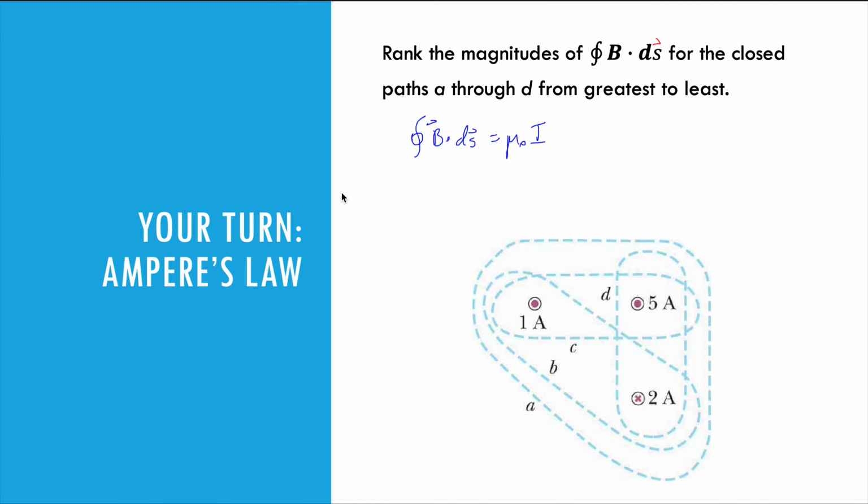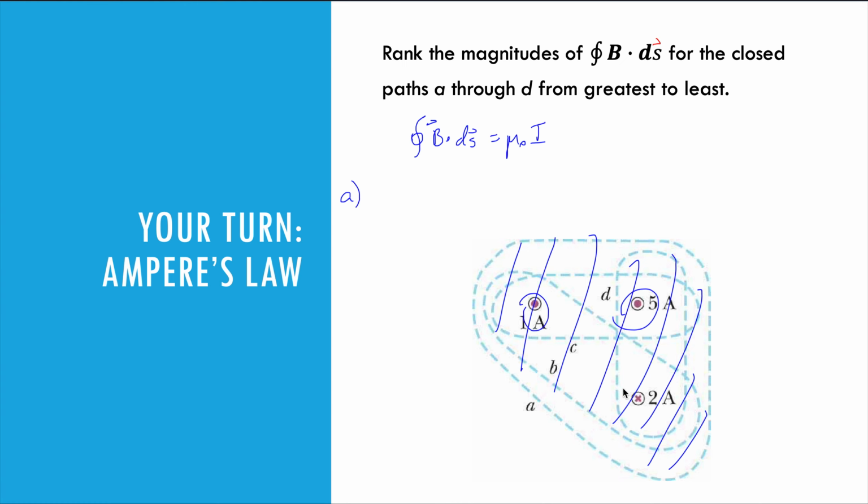So let's just look at each loop at a time. For loop A, which is this outer loop here, we can imagine an open surface, but we can also just make it flat. And we can see that we have 3 currents going through the surface.